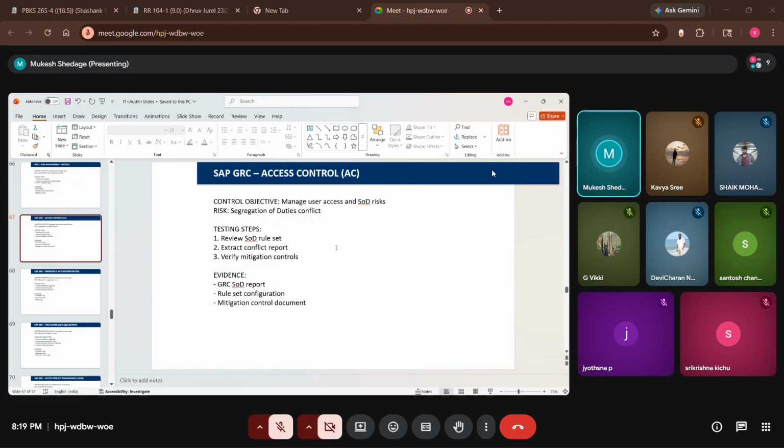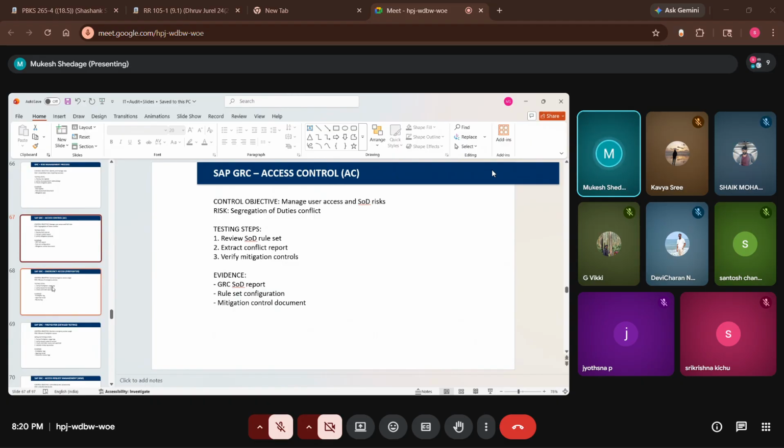The only thing is you need to extract the SUIM report and check whether there is any SOD conflict. If there is no SOD conflict, your control is pass. In SAP GRC, we don't do risk management or anything. We will just check whether it is correct or not. That's it. Understood? Yes. First control.